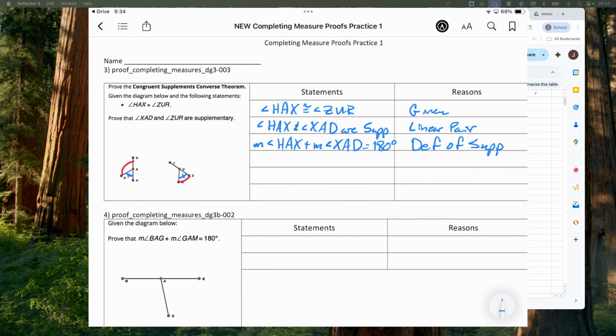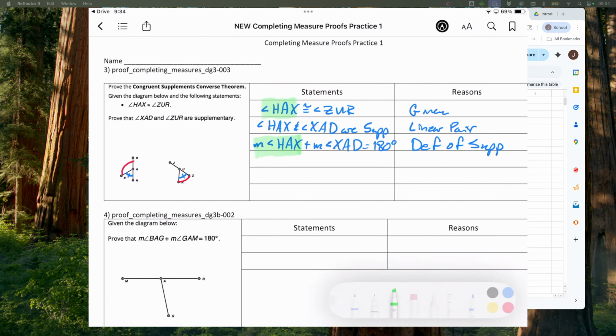Now, since HAX is in both places, we could replace HAX with ZUR, but we can't yet because we haven't converted HAX and ZUR from a congruent statement to an equal measure statement.